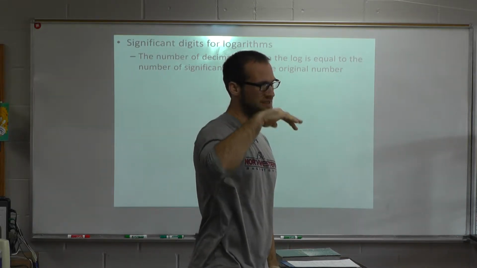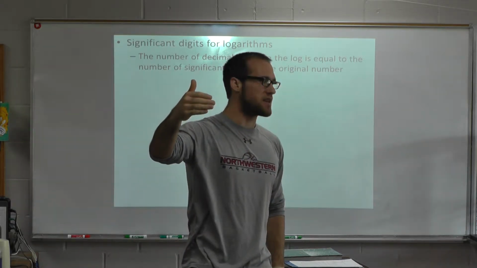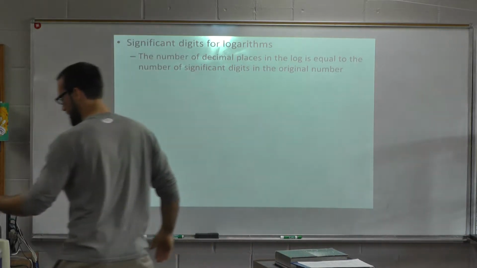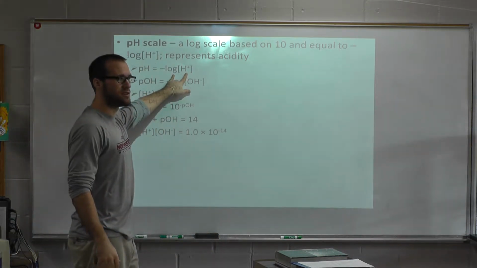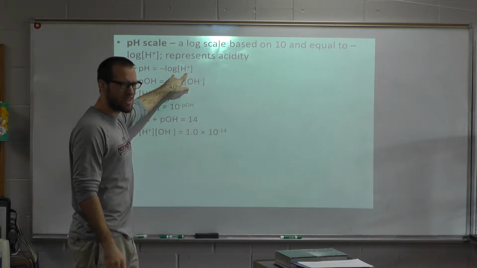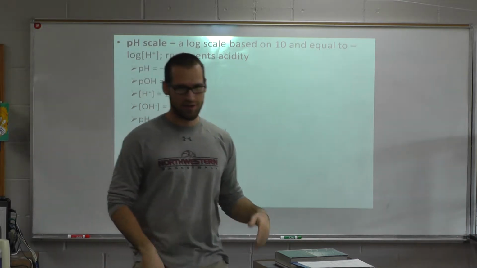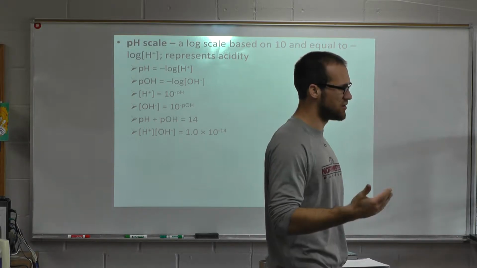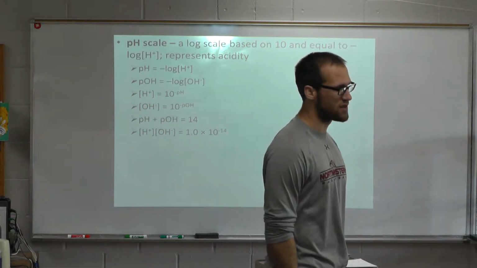So the reason why I say you have more hydroxide when you have a pH above 7 is because you have a low hydronium. Because technically, based on our equations here, we find pH based on how much hydronium we have. Does that make sense? But this is also dependent upon how much hydroxide you have. So we use the H plus to figure out pH, but you could have come up with a system that you could solve it based on hydroxide too.